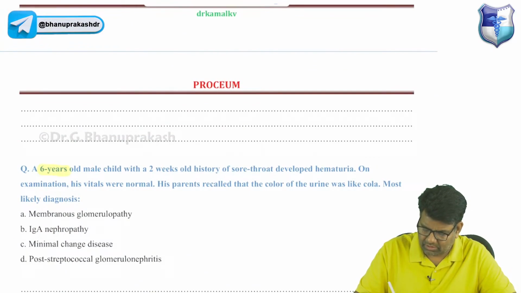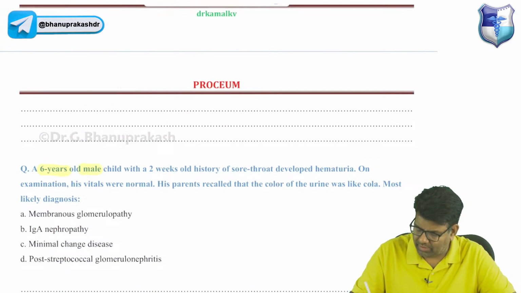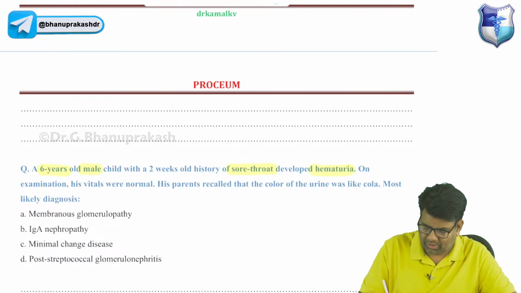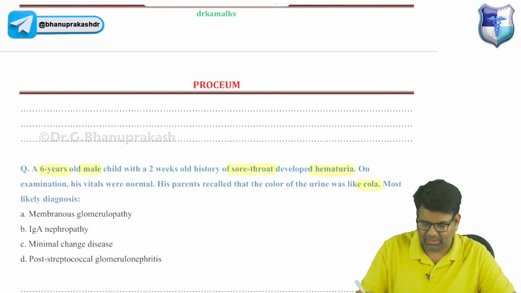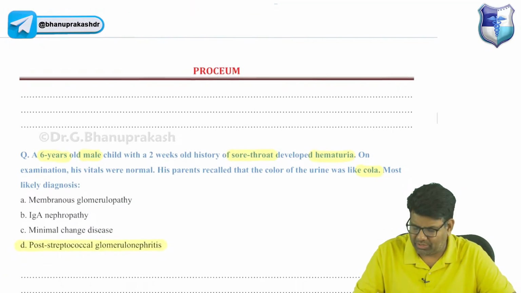Next question. A 6 year old male child with sore throat developed hematuria. Vitals were normal, and parents said the urine was like cola. Most likely diagnosis? Classical description for PSGN.